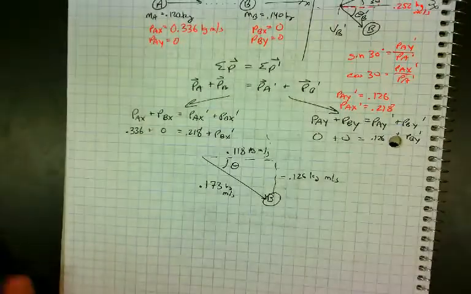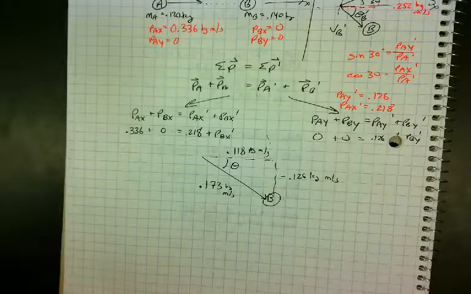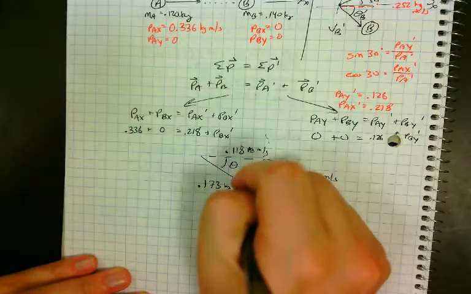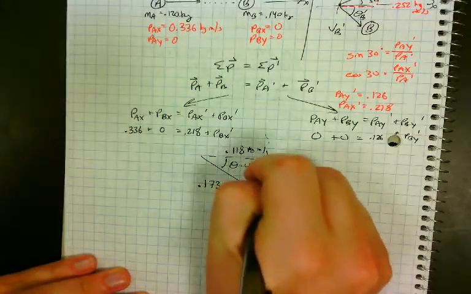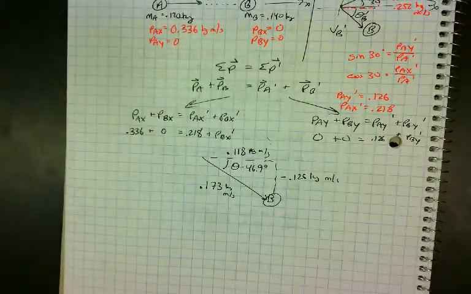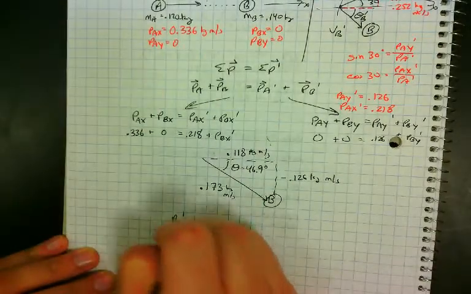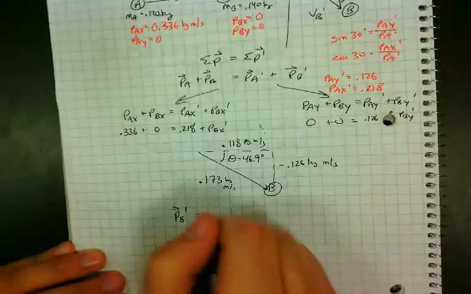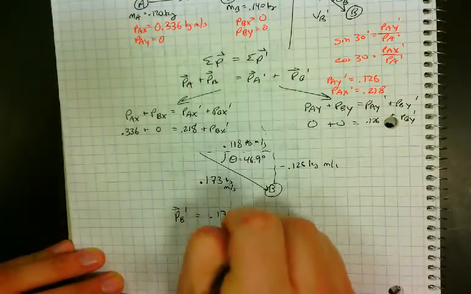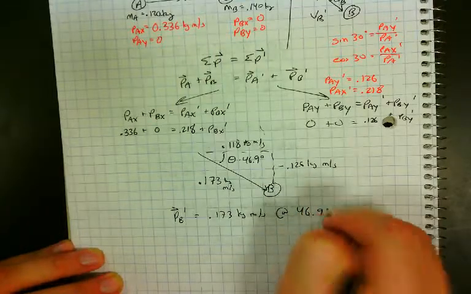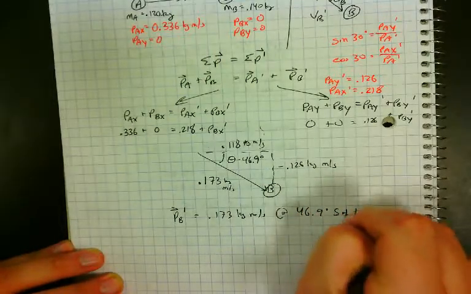Arctangent of 0.126 over 0.118, I'm getting 46.9 degrees. So we can say now that the P prime of B as a vector is 0.173 kilogram meter per second at 46.9 degrees south of east.